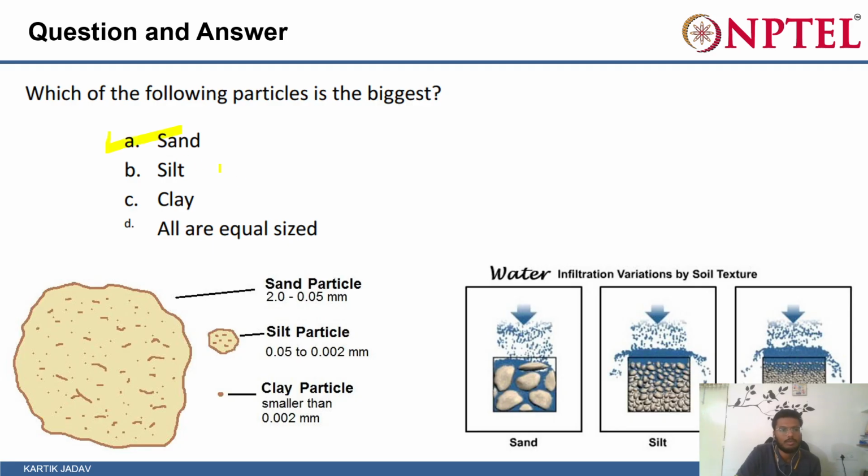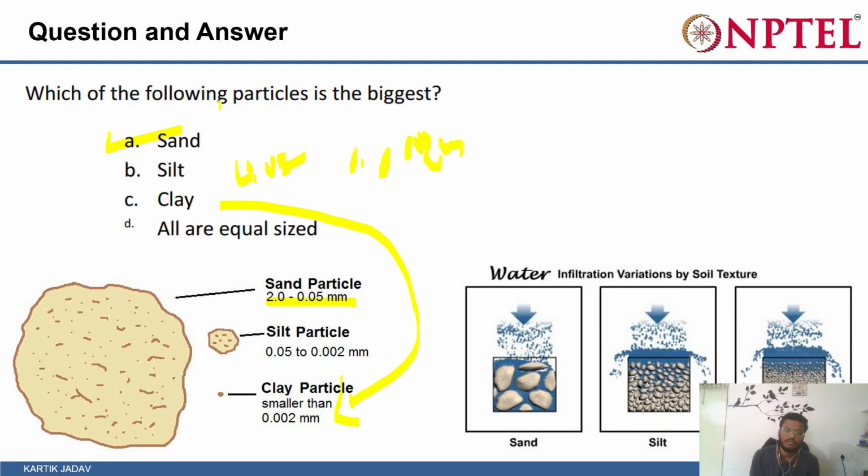So the correct answer is option A, and we know that its size is between 2 to 0.05 mm, while silt has a size of 0.05 to 0.002 mm, right? While clay has a size of less than 0.002 mm. And you know that this particle size distribution directly impacts water, nutrient, and air movement.